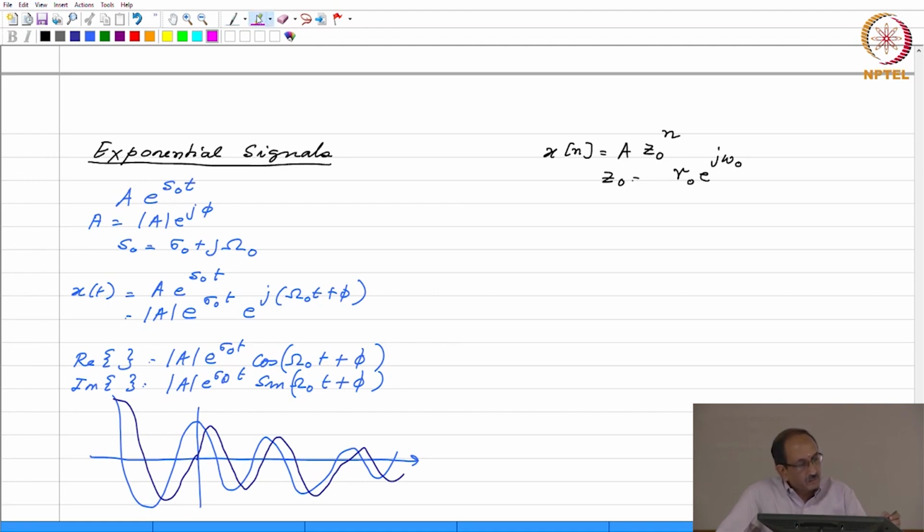By the way, s naught, which is the complex number, we wrote as sigma naught plus j capital omega naught. This is in Cartesian form, whereas the complex number z naught, we are writing as r naught e to the j omega naught, which is in polar form.